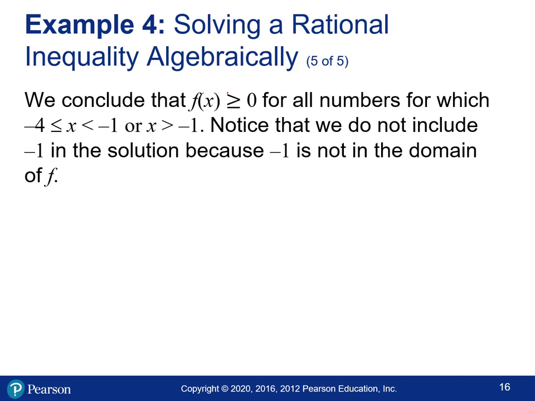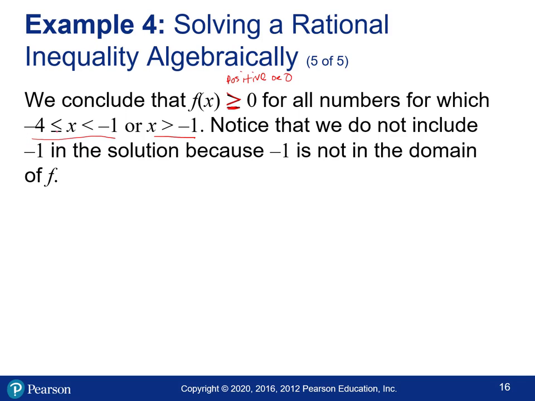So our whole function is greater than or equal to 0, so positive, remember we were looking for greater than or equal to 0, so those were positive outputs, or 0, because you can include 0 because of the equal bar here. And so that happened when we chose numbers between negative 4 and negative 1. And that was also positive numbers that we got out when we picked numbers greater than negative 1.